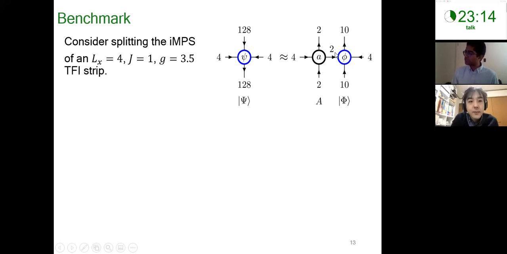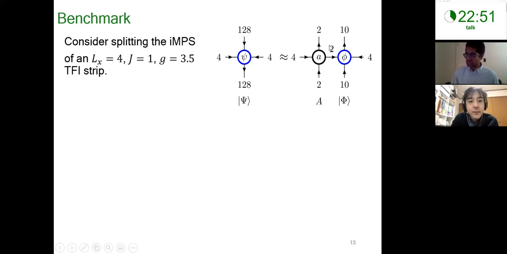I want to note here that we're going from a bond dimension 4 originally to a bond dimension 2 between A and phi. So we're not allowing for the maximum, which would be 4 by the isometric conditions. So instead, going from 4 to 2, we're guaranteed to get some projection error. And this is interesting to look at in just a moment.